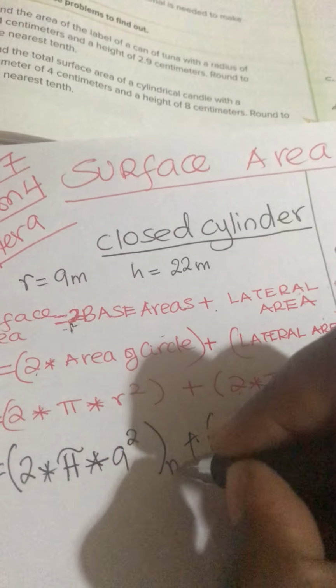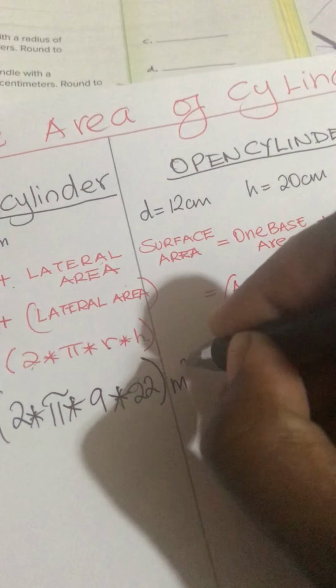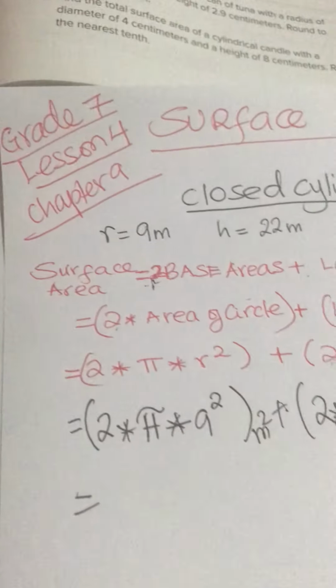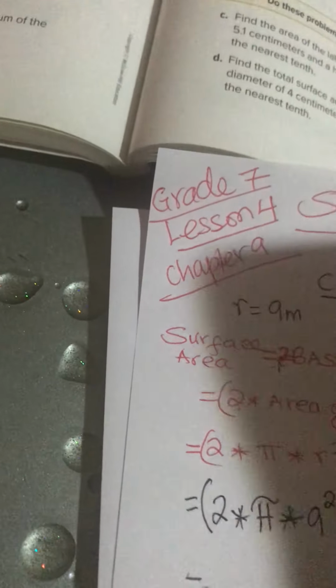And here will be meter squared because it is area. And here will be meter squared because it's also area. Then you put each bracket by itself.